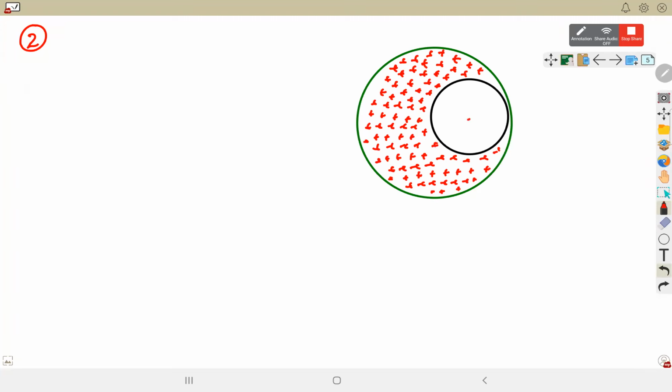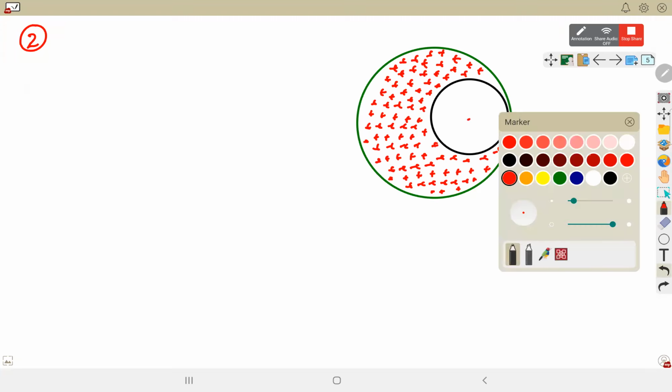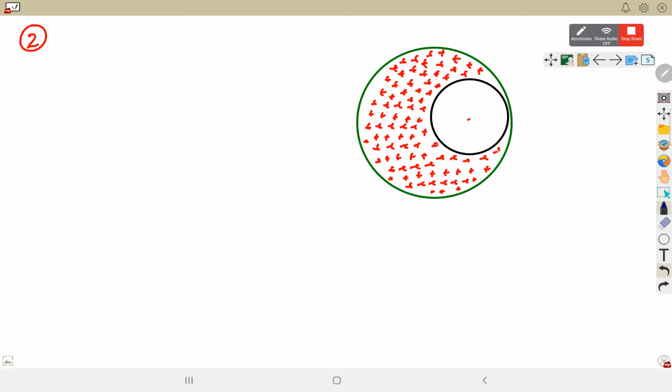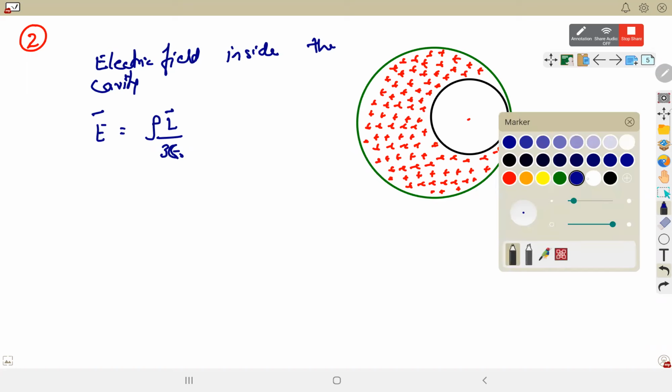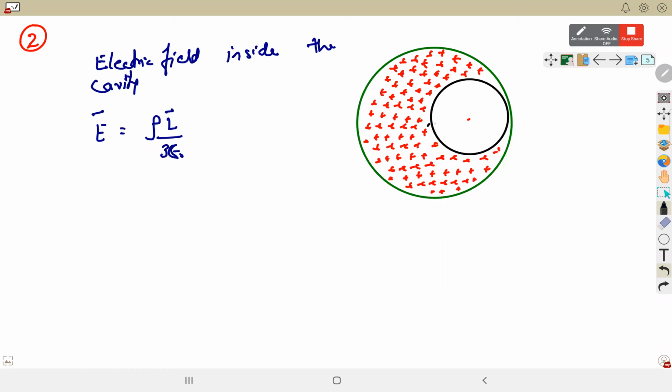So what was the formula, if anybody remembers? The formula was the electric field inside the cavity of a non-conducting solid. Electric field inside the cavity was E is equal to rho into L by 3 epsilon naught, where L was the vector joining the center of the cavity to the center of the sphere.